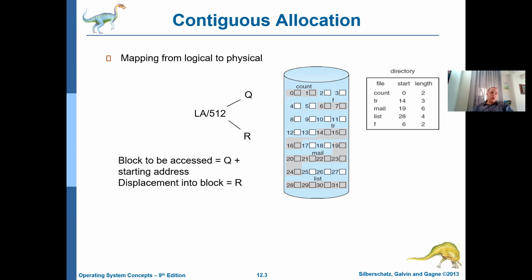If I have a file that needs a lot of space, and the space is there, but it's broken up like it is here, 17 and 18 are available, but I can't combine them. If I need a file that's 1, 2, 3, 4, 5, 6, 7, 8, no problem. But what if I want a file that's 9? I have a problem because this is 8, and I really have a 9th place, but I can't use it because I need contiguous.